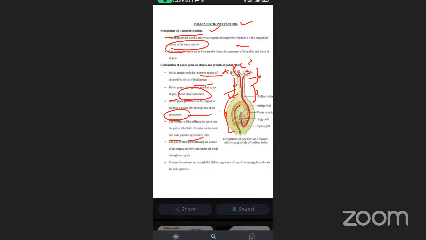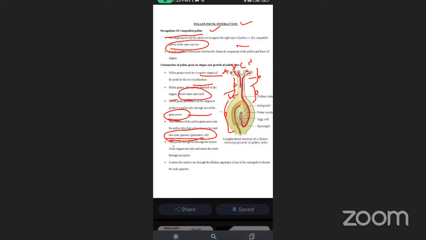Later, what happened? Yesterday we discussed that after pollen tube formation, two male gametes develop inside the pollen tube.